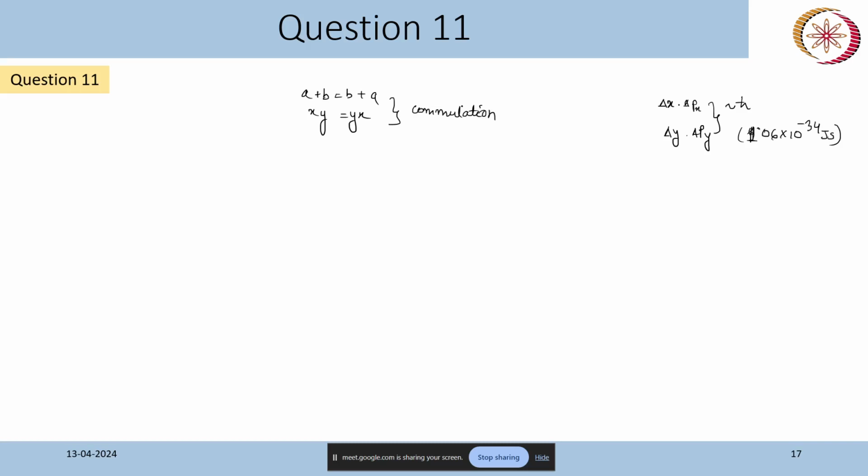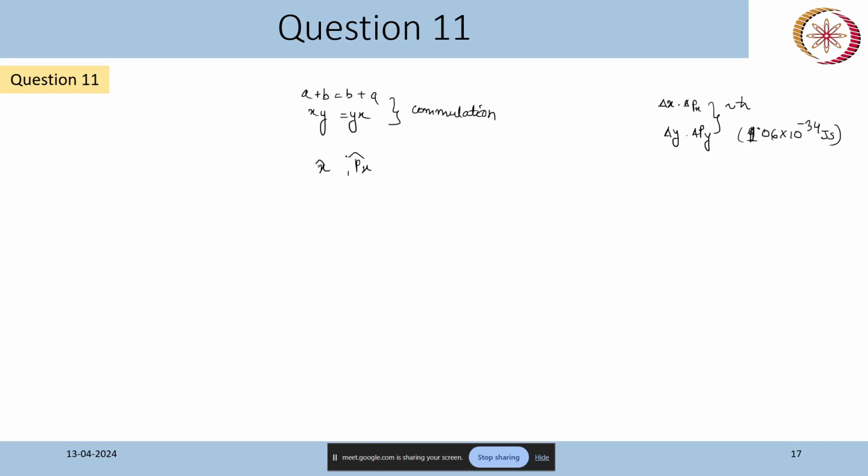Now, what is commutation for quantum mechanical operators? If you operate the operators on the wave function, this is the position operator and this is the momentum operator.